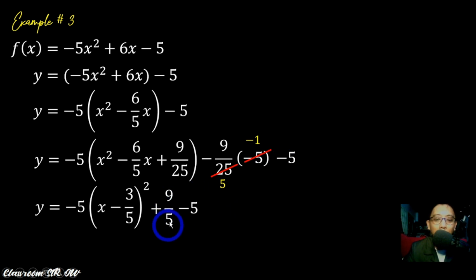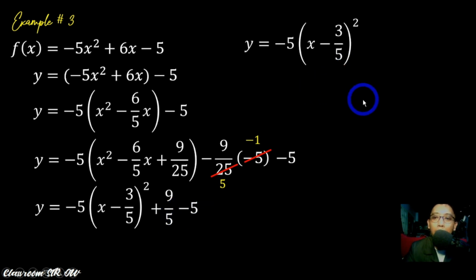So we will now combine 9 over 5 and negative 5, of course. That is 9 minus 25 all over 5 because the LCD is 5. So 5 divided by 5 is 1 times 9 is 9. And 5 divided by 1 is 5 times negative 5 is negative 25.